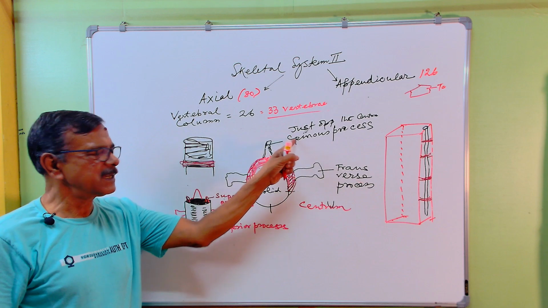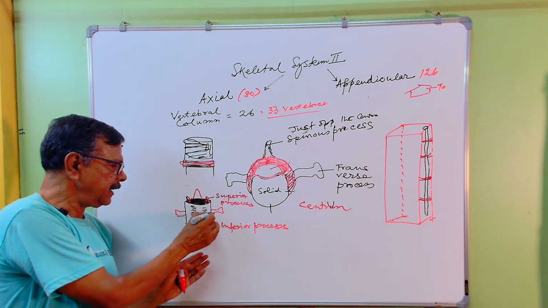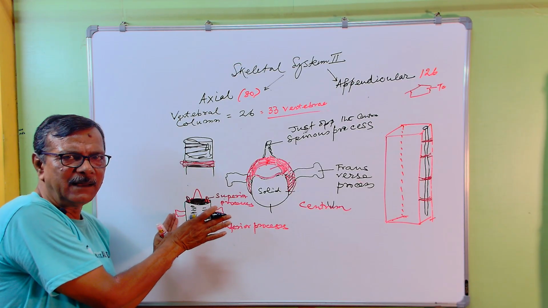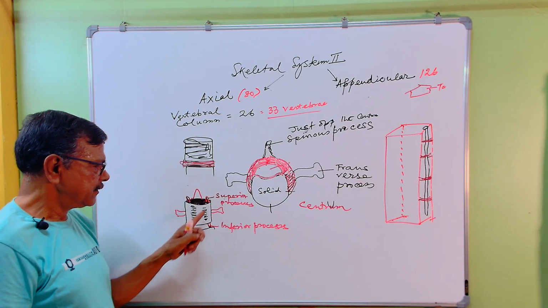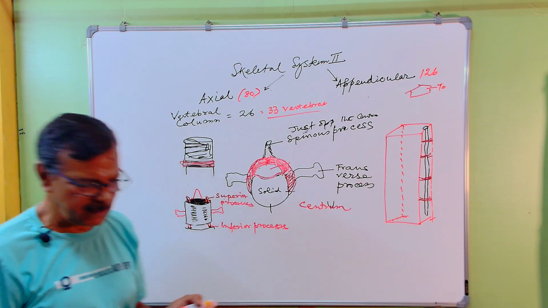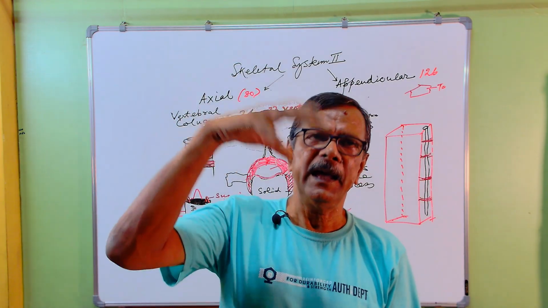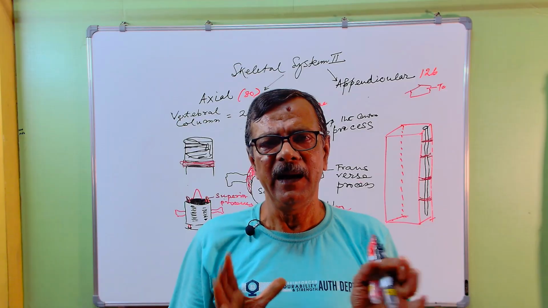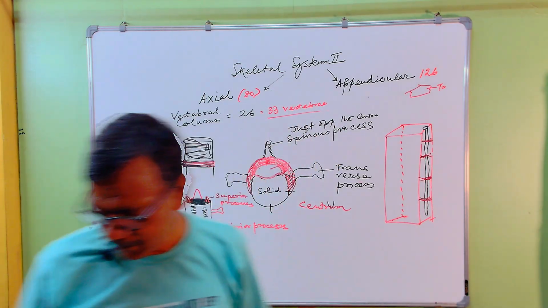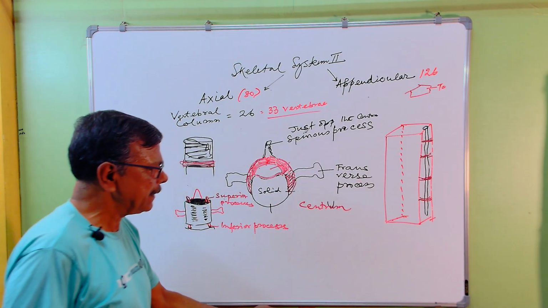This is the spinous process on the back side of the centrum, and two transverse processes on both sides of the vertebra. So the superior and inferior processes are meant for the articulation of the above and below vertebra respectively. Clear? Now, this is the structure of a vertebra.